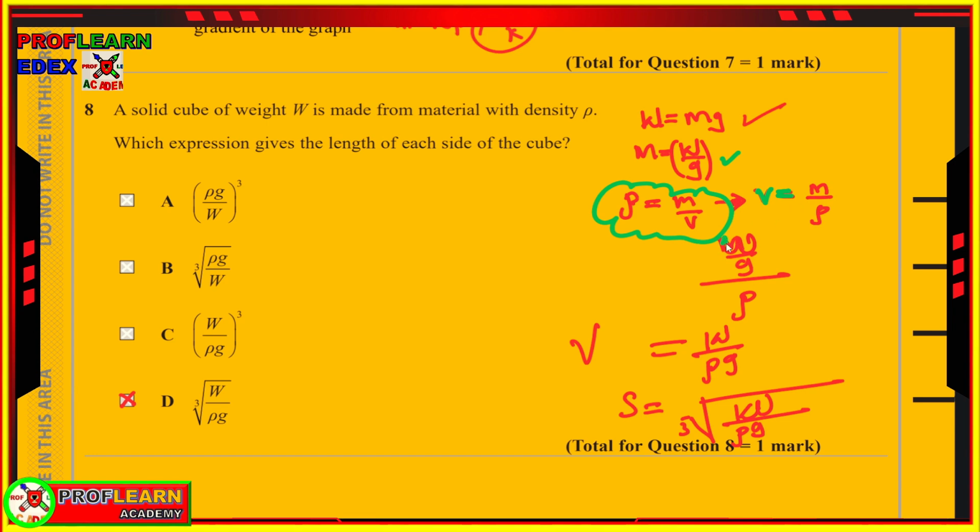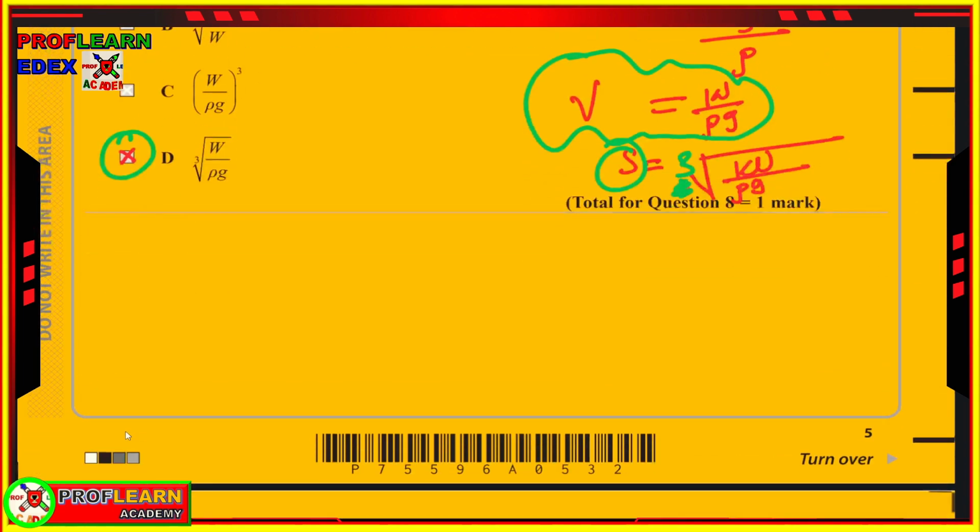Our mass was weight over g, so this volume is going to reduce to this. Since a cube has all sides equal, s times s times s is going to give us the volume. Then one side will be the cube root of W over density times gravity, and the correct answer is C as shown there.